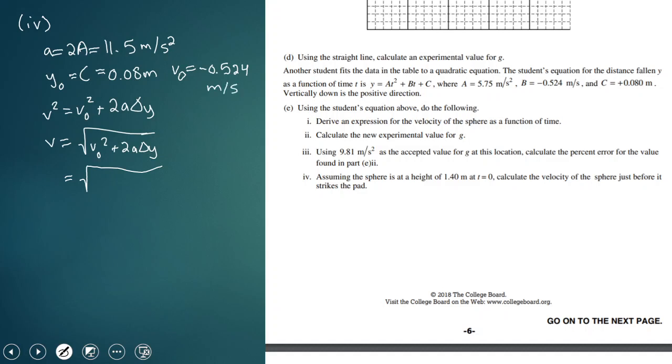And so we get negative 0.524 squared plus 2 times 11.5 times, now we're given that the sphere originally is at a height of 1.4 meters, and then our y naught is 0.08. So our delta y would just be 1.4 minus 0.08.